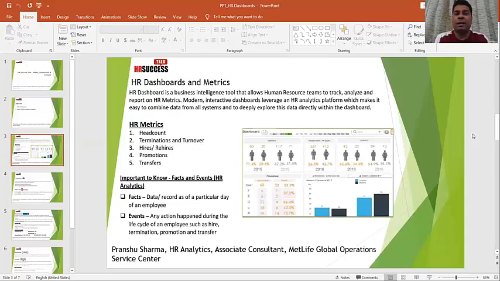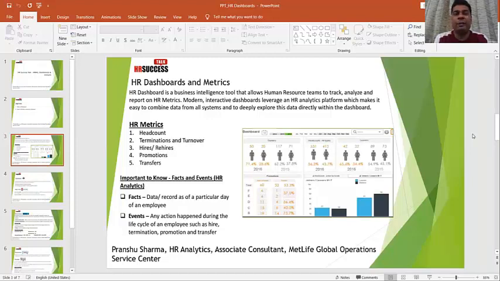So to talk about HR dashboard, a dashboard is basically a summary which provides insights to the business leaders and HR BP to take decisions. In other words, an HR dashboard is a kind of business intelligence tool which allows the human resource team to track, analyze and report data into meaningful insights by using HR metrics.